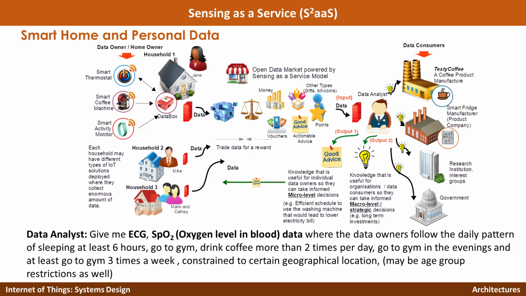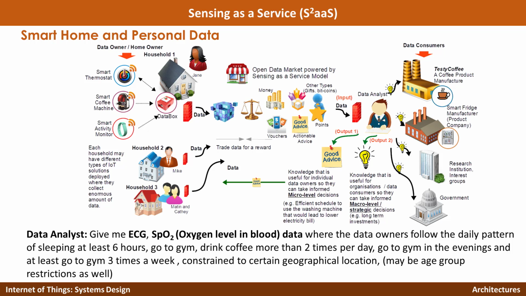So you can send a query and find out who are the individuals who conform to these particular conditions, make them an offer and then get access to that particular data. Then you can have some kind of aggregation over a period of time.